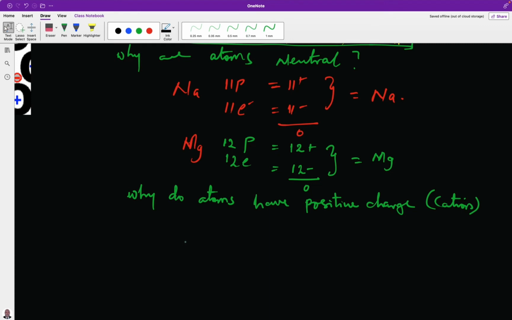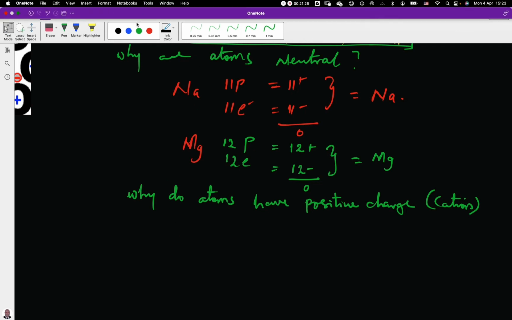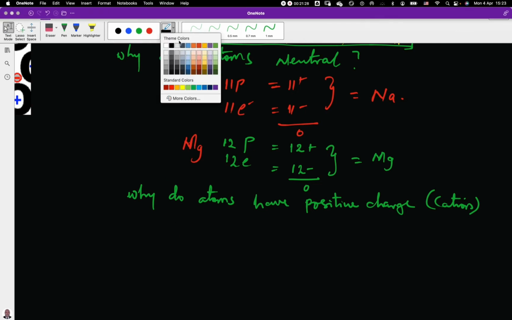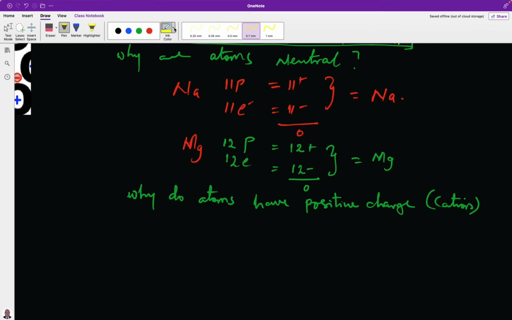The simple answer is that atoms will form cations because they have more protons than electrons.